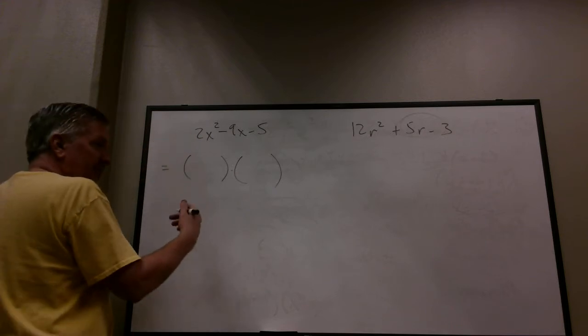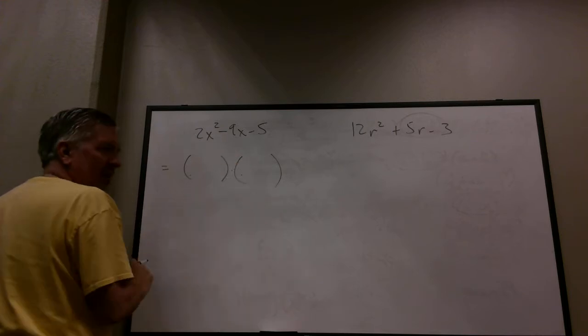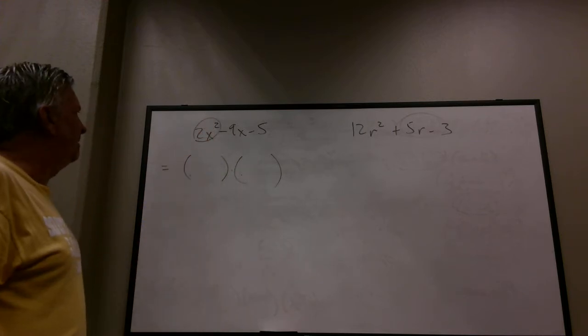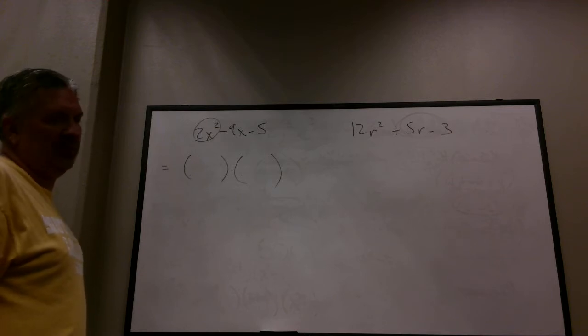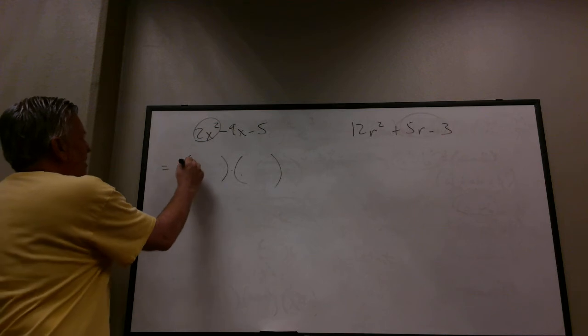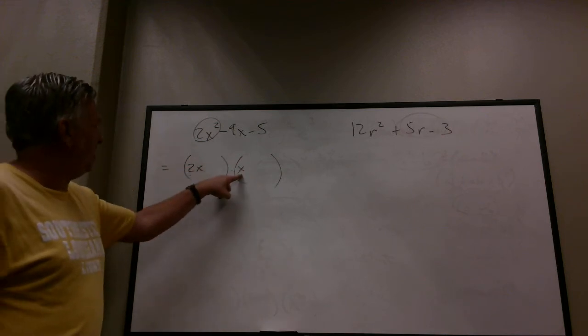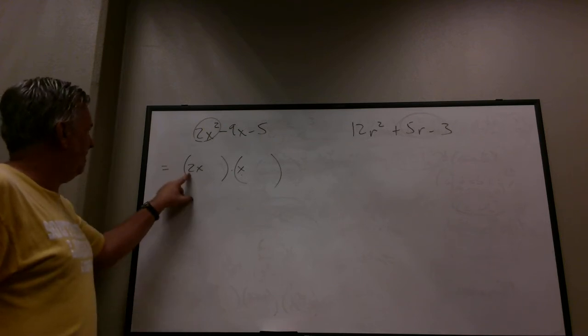Well, if you do the FOILing, the first term times the first term, if you're putting from highest power to lowest power, is going to be 2x squared, right? How many things multiply to give you 2x squared if you're going to stick with integers? Well, a 2x and an x is the only possibility. Right? 2x times x is 2x squared. That's it. Right? Because 2 is prime.